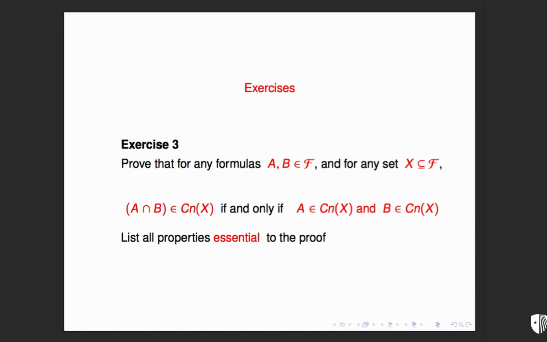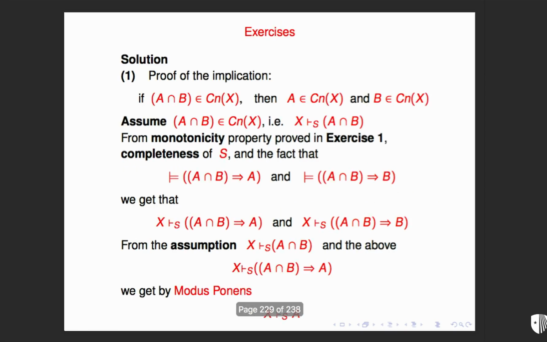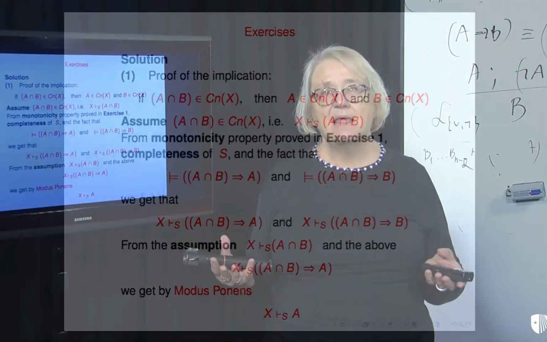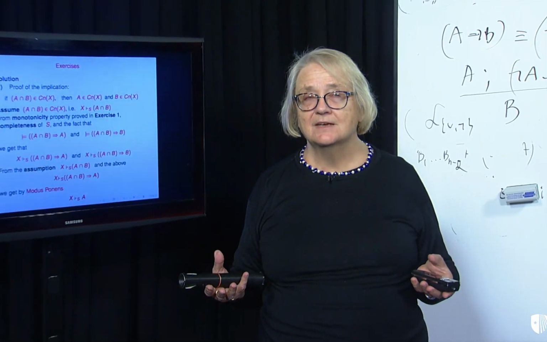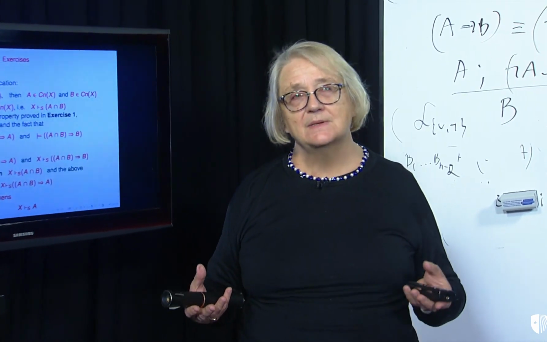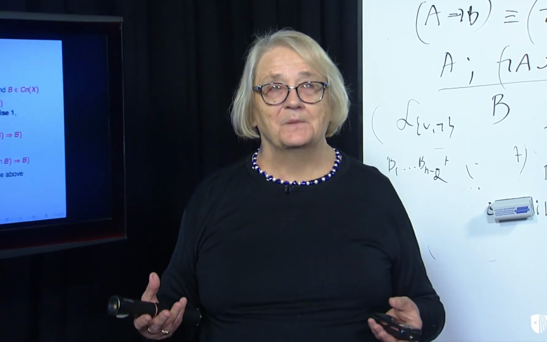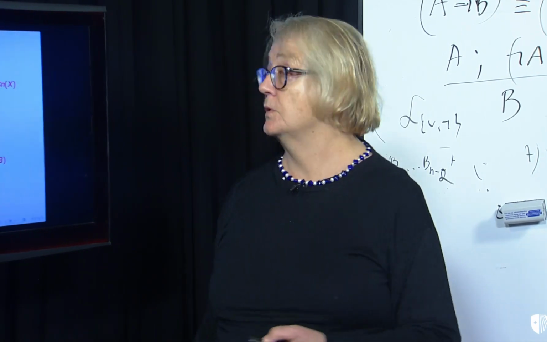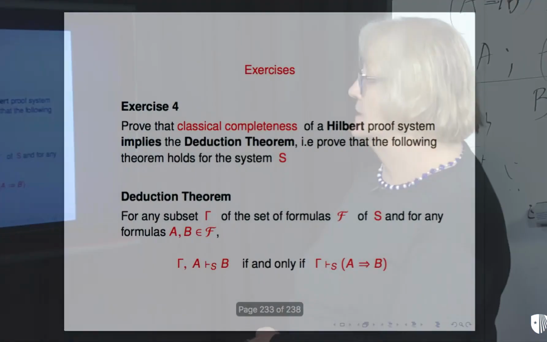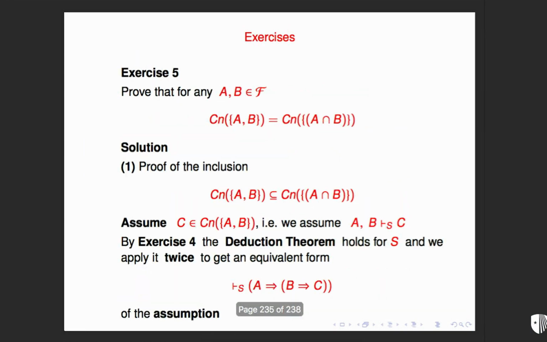These exercises are not difficult, but they help you understand those notions. What does consequence mean? What does completeness mean, and so on? So you also have exercises which are solved in the book.